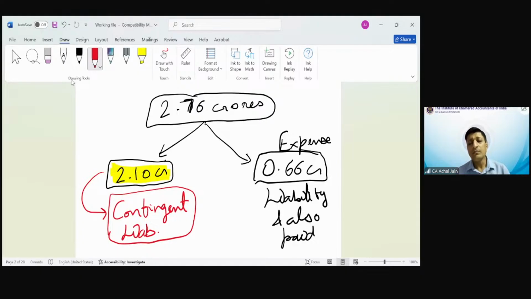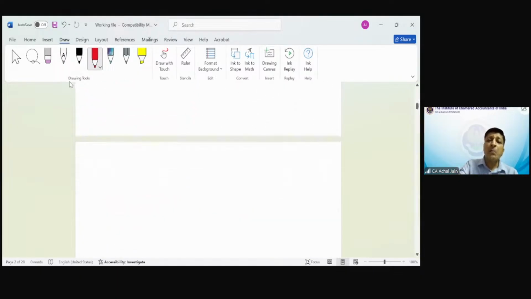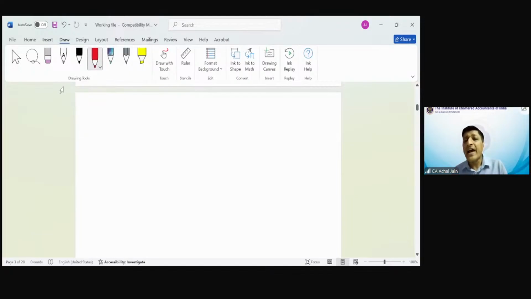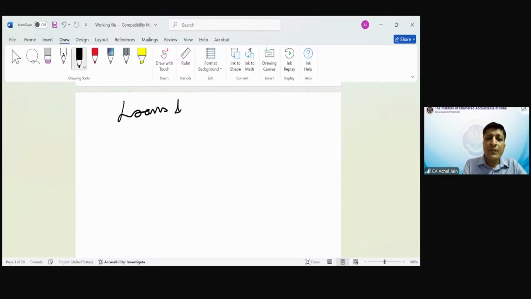Now, in relation to the amount which is paid, the question arises: but sir, they have paid this entire amount. So please try to understand this conceptually. When the amount is paid, what is the accounting entry the company will pass? Loans and advances.